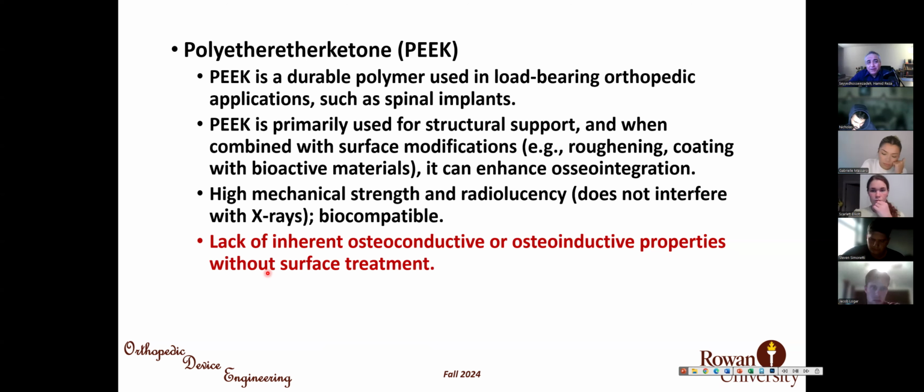It is a very strong and very resistant polymer. It is currently in use for some devices in spinal surgery, but it can be used as a scaffold for bone graft.